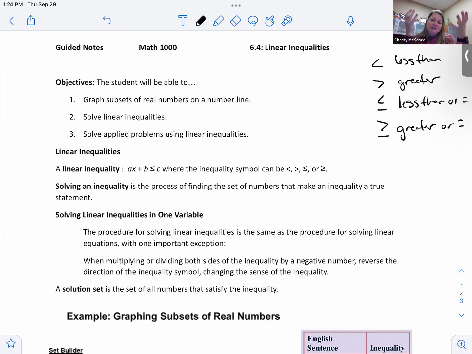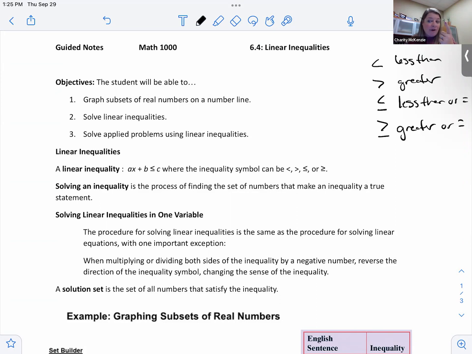And what is the difference between solving these and solving a problem with an equal sign? Well, it means you have more than one answer, because you're just less than or just greater than something, or you could be equal. In general, if I say any number less than 2, the answer isn't just 2. The answer is any number less than 2. So there are a lot of answers.